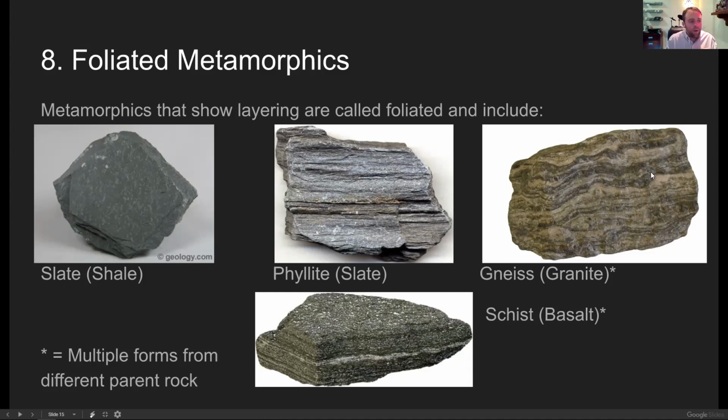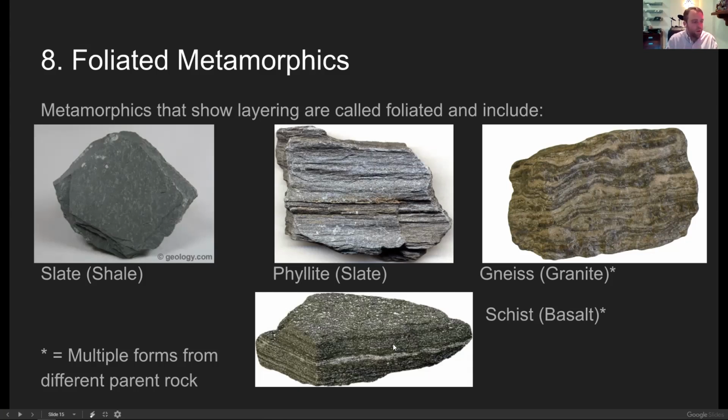The picture on the far right here is a very, very common foliated metamorphic rock called gneiss. Gneiss's parent rock material is usually some type of granite or very similar felsic igneous rock. It can have multiple different parents, but the metamorphic rock form is usually just referred to as gneiss.